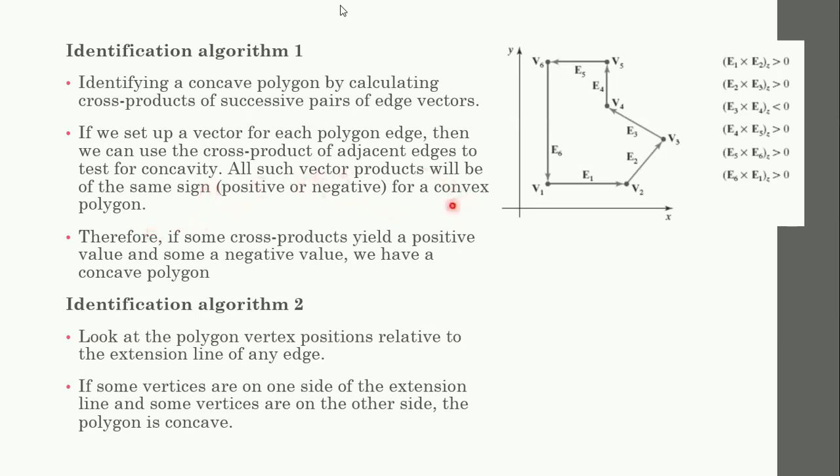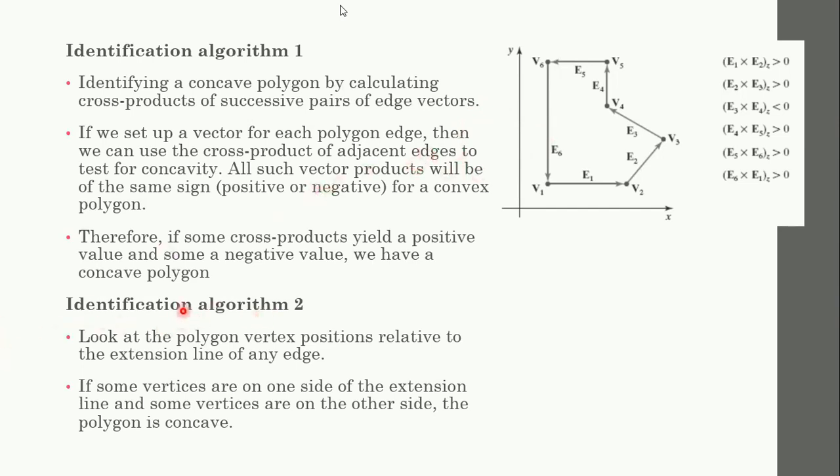This is how we check the cross product and conclude concave or convex. So this is identification algorithm 1, used to check concavity.